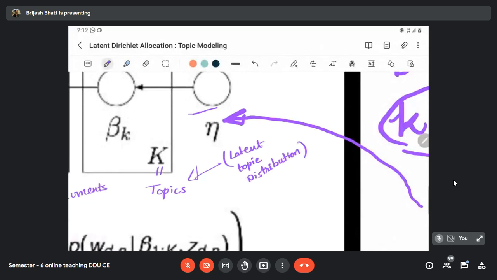So we do not know in advance which topics are there in the document. We know the number of topics. We can say that we want to divide the data into 10 topics, 20 topics, 30 topics, but we don't know what kind of topics are there. We don't know whether these documents are of politics, sports, and so on.